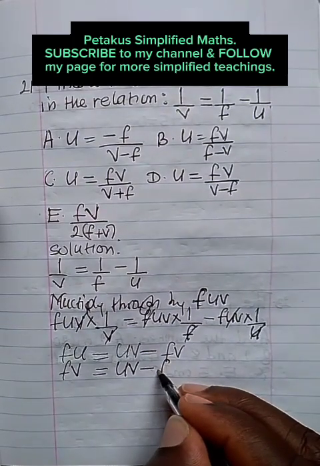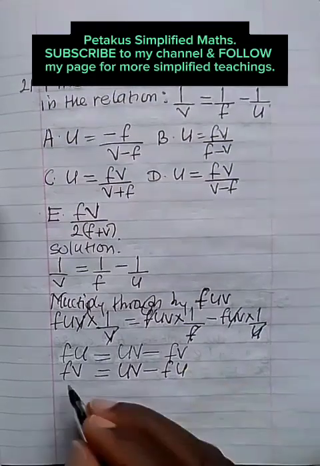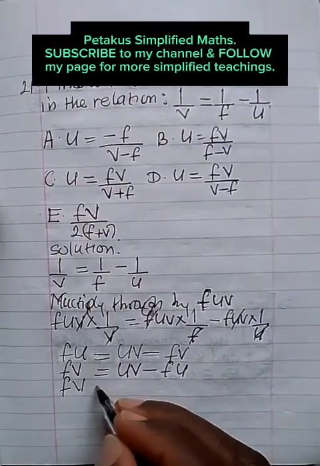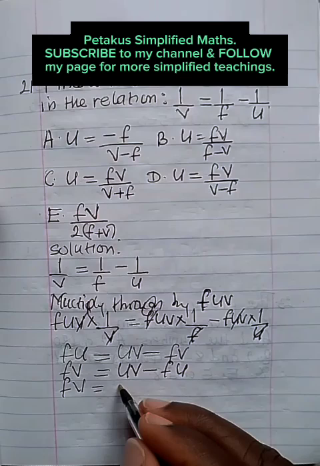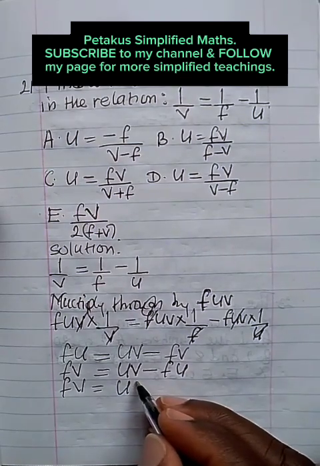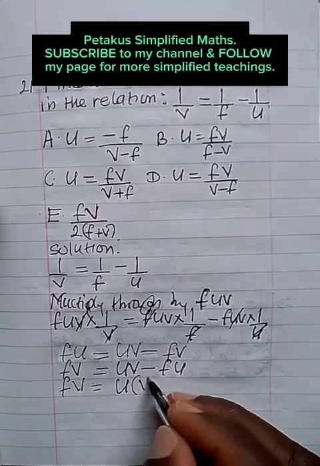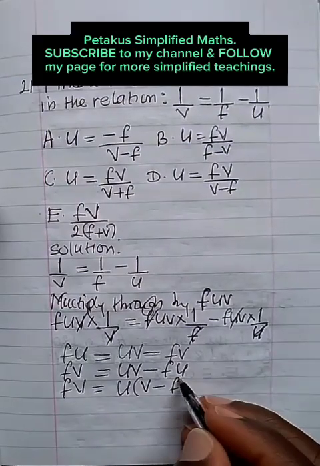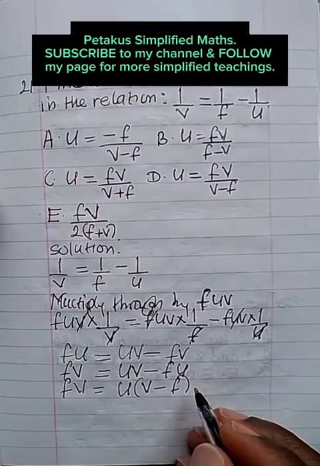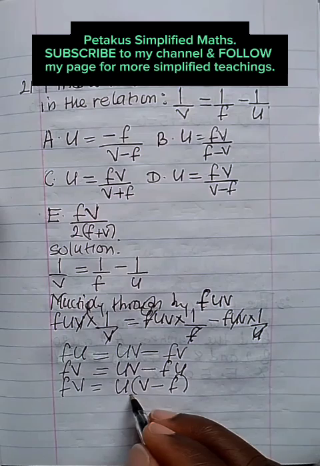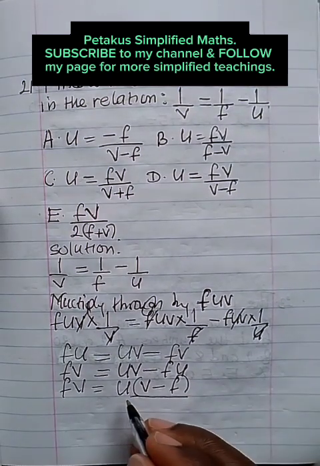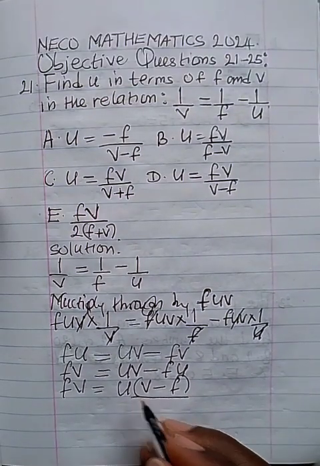So FU, FV is equal to, you factor out U from the right hand side, you have V minus F. Divide both sides by this coefficient so that U stands alone.